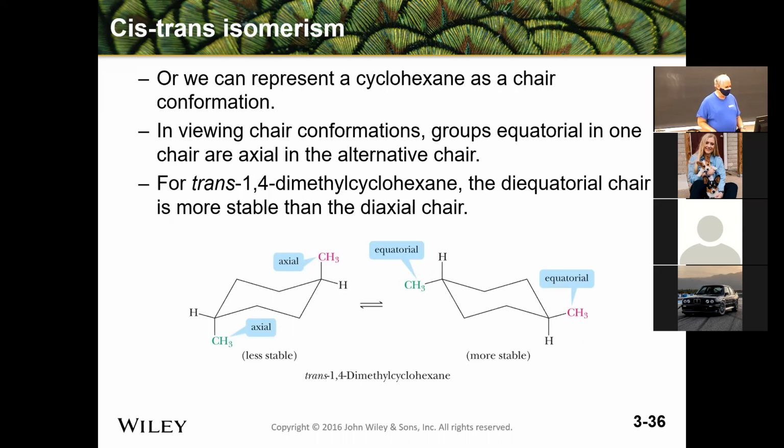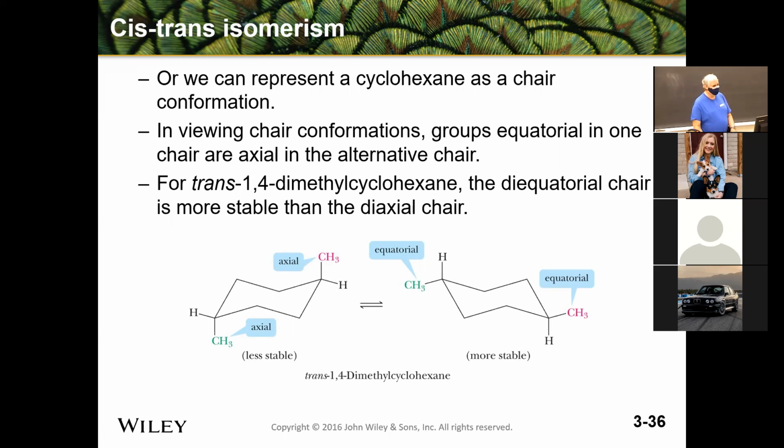So here is trans 1,4-dimethyl cyclohexane. I think it's pretty easy to see that the structure on the left, where both groups are axial, is trans. When we do the ring flip, it's still trans. You might look at the hydrogens here: this one on the left is straight up, the one on the right is straight down, so again, it's still trans.